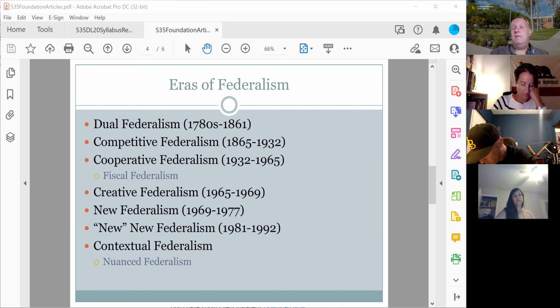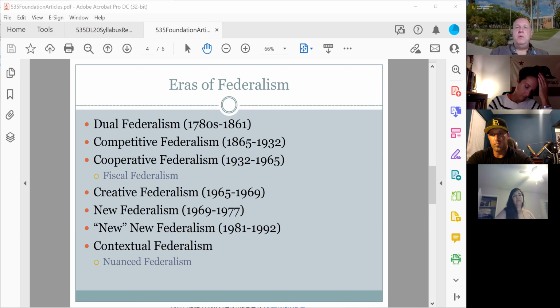So in the cooperative era of federalism, a lot of people refer to that as fiscal federalism, where the relationship between the different levels of government really started to be determined by money, and money more than ideology. So in cooperative federalism, we really see this rise of fiscal federalism as well.